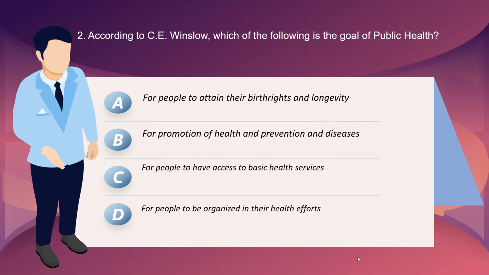But promotion of health and prevention of diseases is the goal of community health nursing. For people to have access to basic health services, that is primary health care. Then for people to be organized in their health efforts, that is more of a COPAR setup. Number 2, the best answer is letter A.